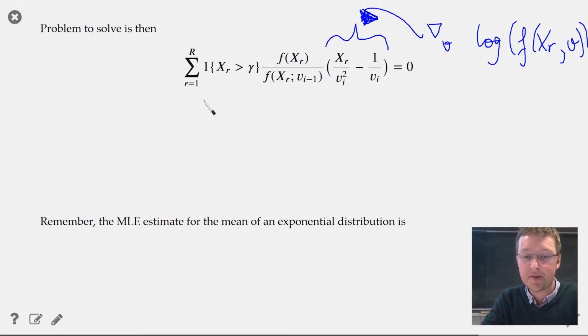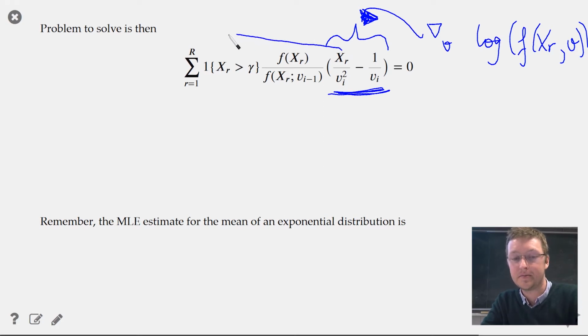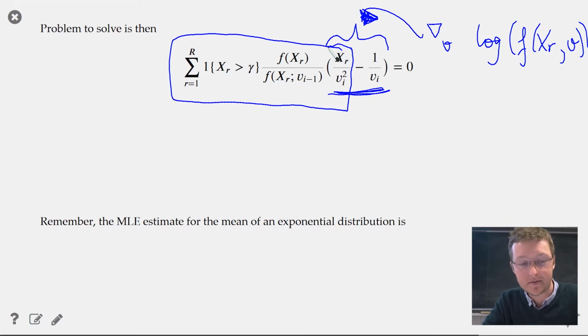So this part we can split up. We can take this to one side and then the other part to one side.